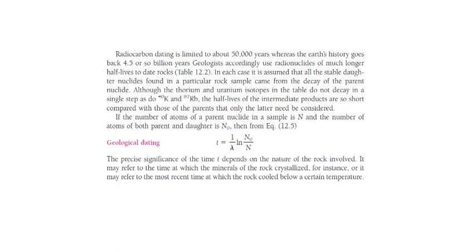The radioactive decay law is satisfied in any case, and we use the decay series of other elements whose half-lives are much larger than that of radiocarbon, and that is how we estimate the ages of rocks.